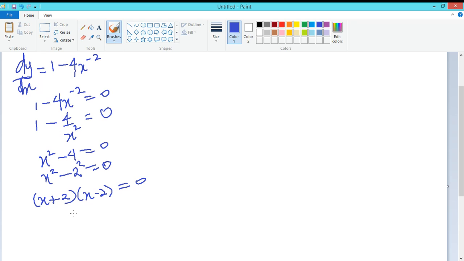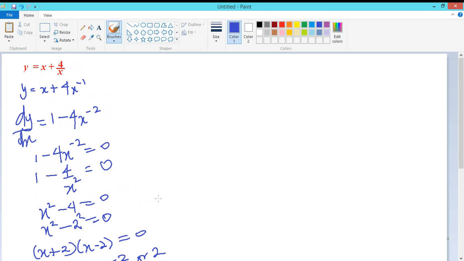So solving for that, x is equal to negative 2 or 2. It means my points are positive 2 with a y coordinate I'm yet to find, and negative 2 with another y coordinate I'm yet to find.